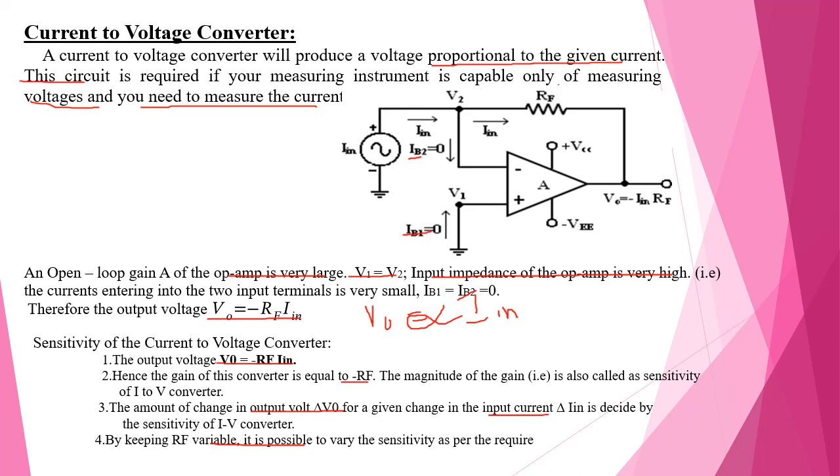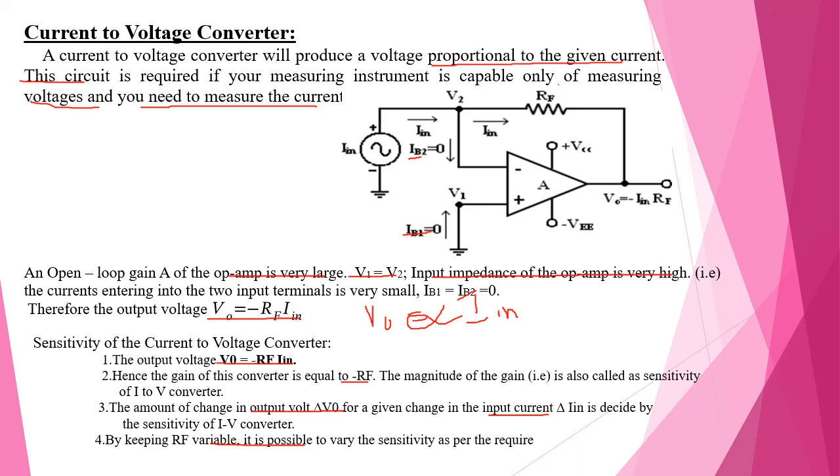inverting terminal. Then here is the resistance RF, and in general the open loop gain of the op-amp is very high. Therefore, the inverting terminal and non-inverting terminal are both equal. Then the input impedance of the op-amp is also very high, so the current entering the two input terminals is very small, meaning IB1 and IB2 become 0.